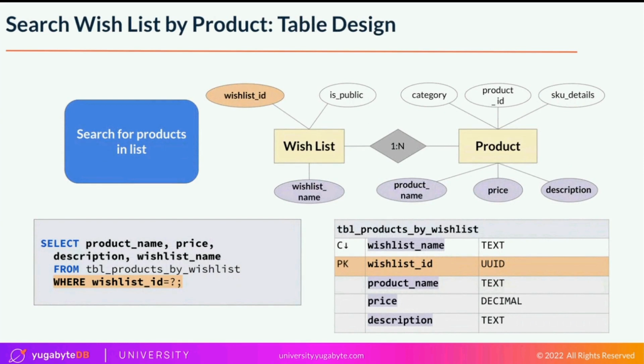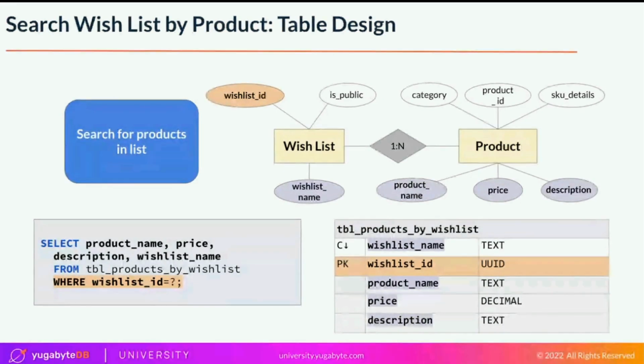So here we're designing the products by wish list table. For the search for products in a query, the condition predicate will determine the partition key. So really quick, what is this? This is the access pattern to actually look at the product catalog.